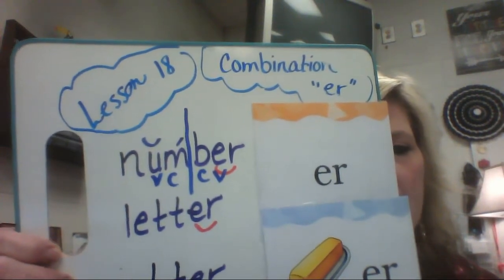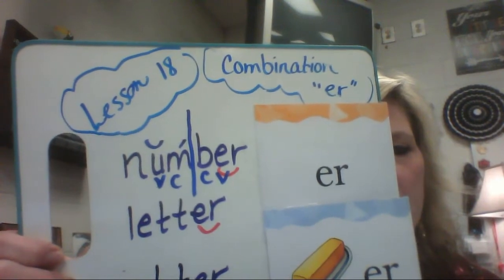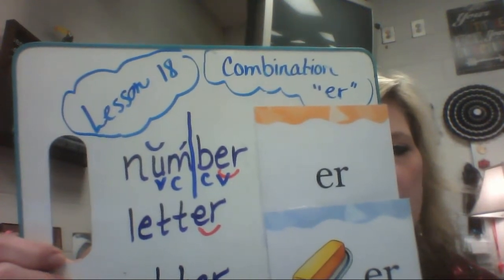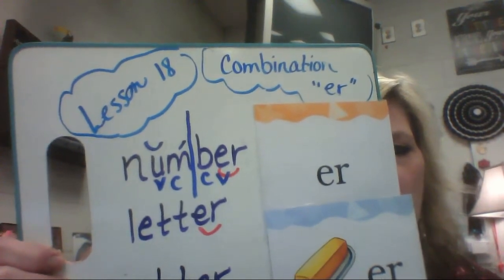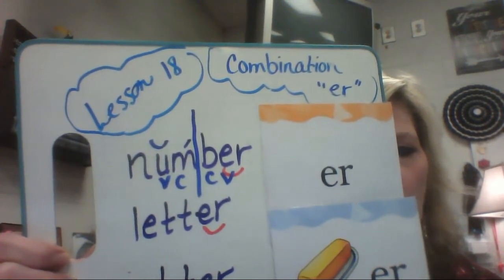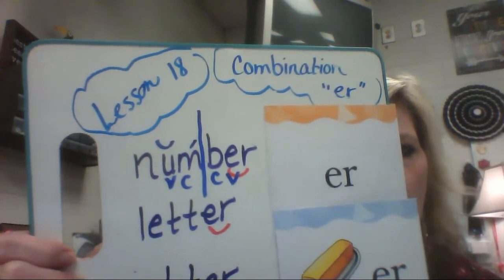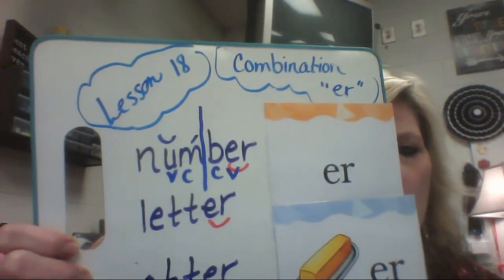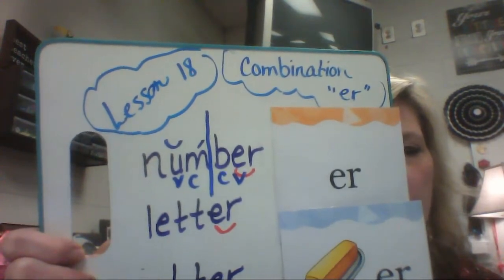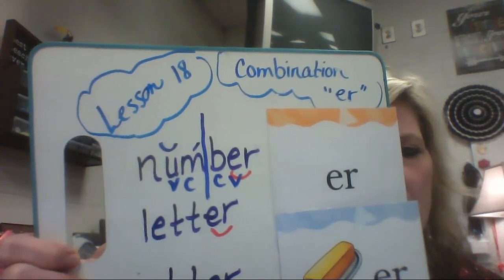And the section of the word that says num has a short U sound, so I put a breve. And I accented the word. Instead of saying number, we say number. We stress that first syllable harder, longer. So we're going to accent that syllable.